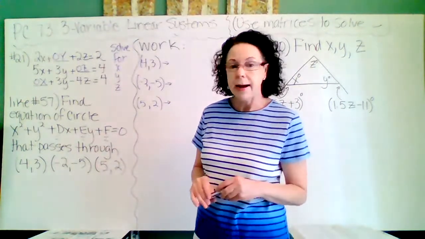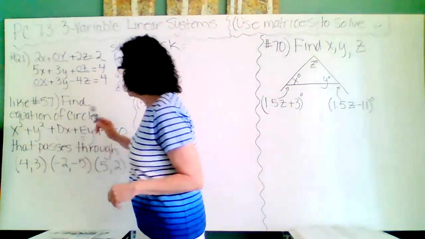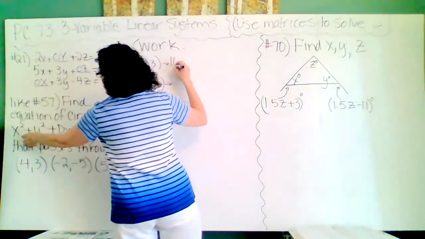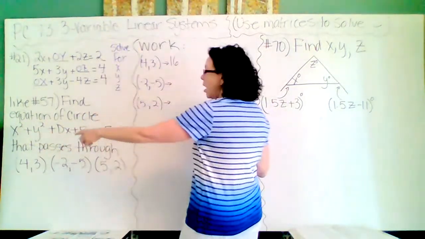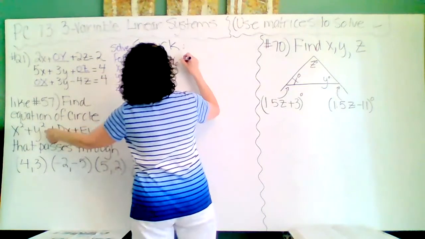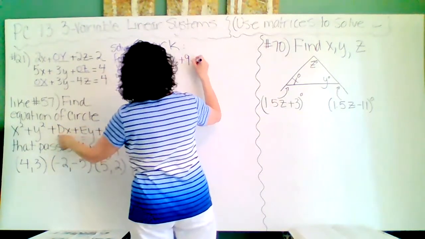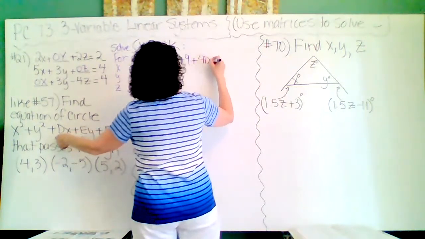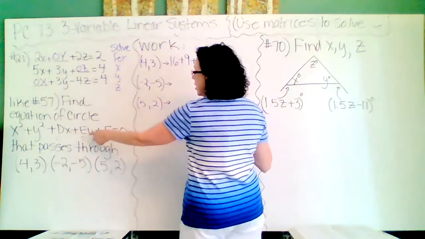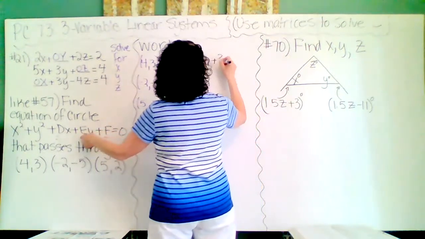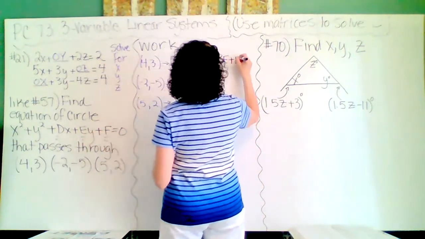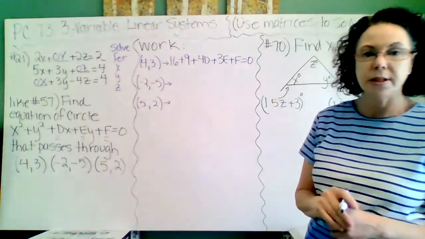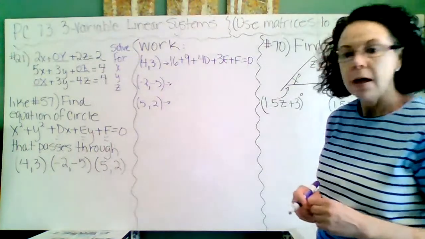Wherever I see a Y, I am going to put in a 3. So 4 squared would be 16 plus 3 squared would be 9 plus this would be 4D plus this would be 3E, and we're always going to have plus F equals 0. There is the equation that's associated with the first point.